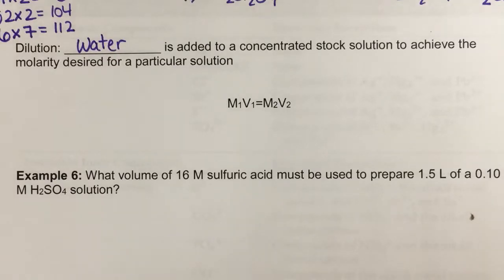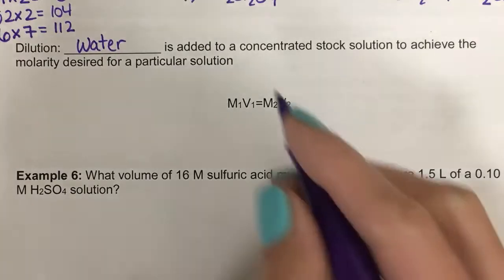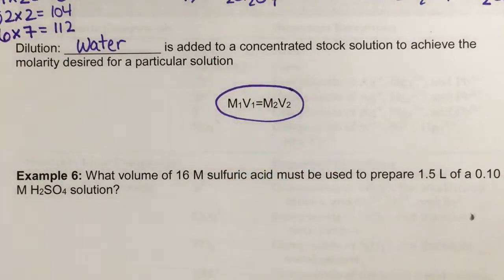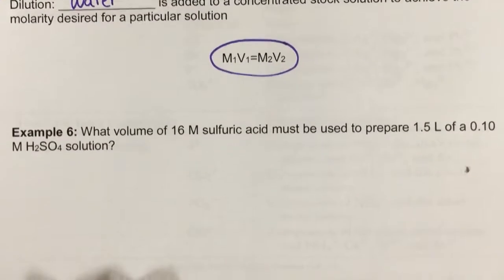Well, how do I know how much water to add? Here's my equation for dilutions. Okay? M1V1 equals M2V2. Now here's what we would do for a dilution.